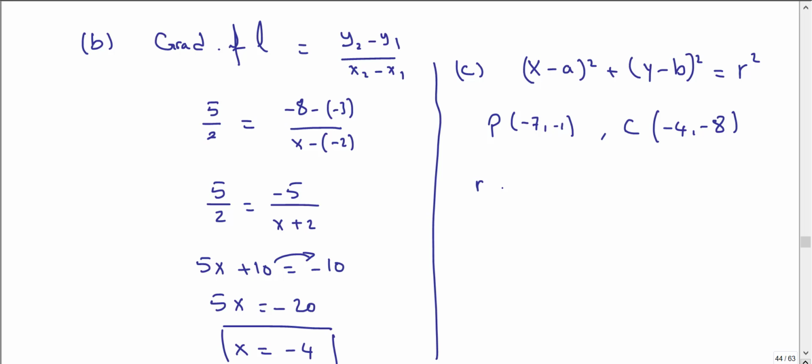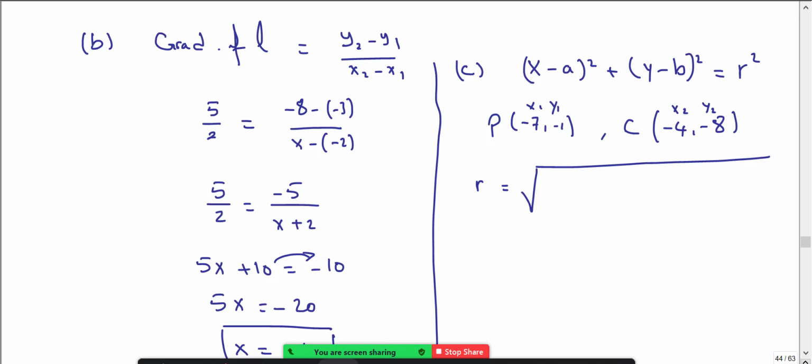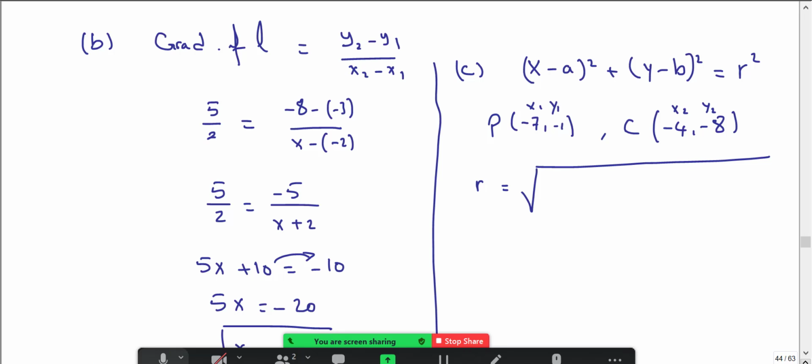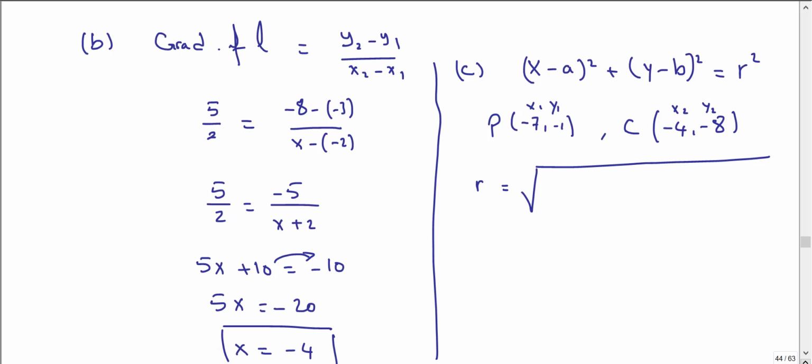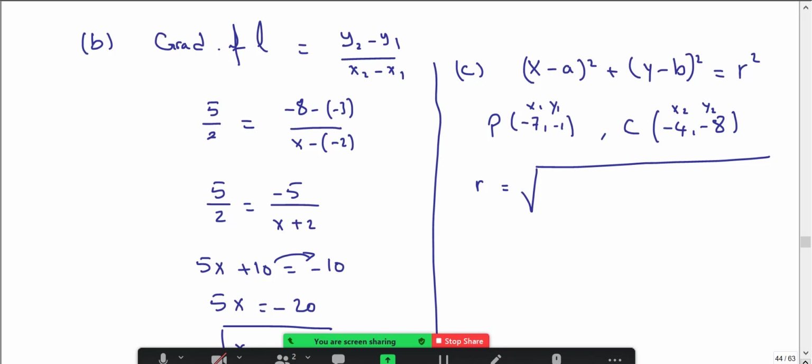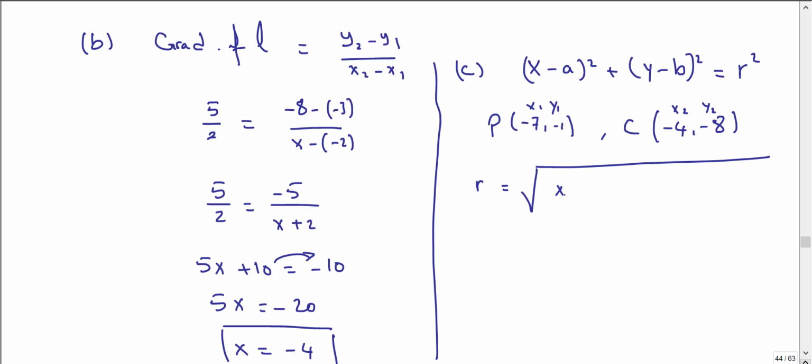It's the square root of x2 minus x1 whole power 2 plus y2 minus y1 whole power 2. This is the distance formula.